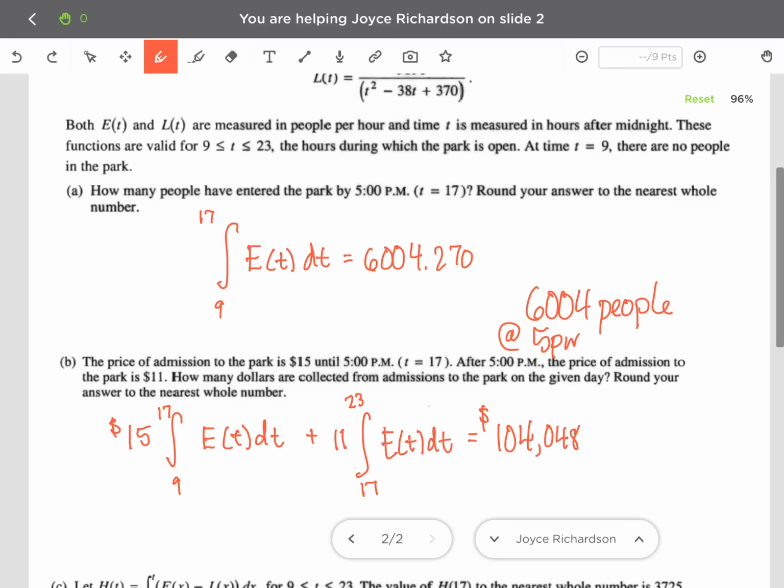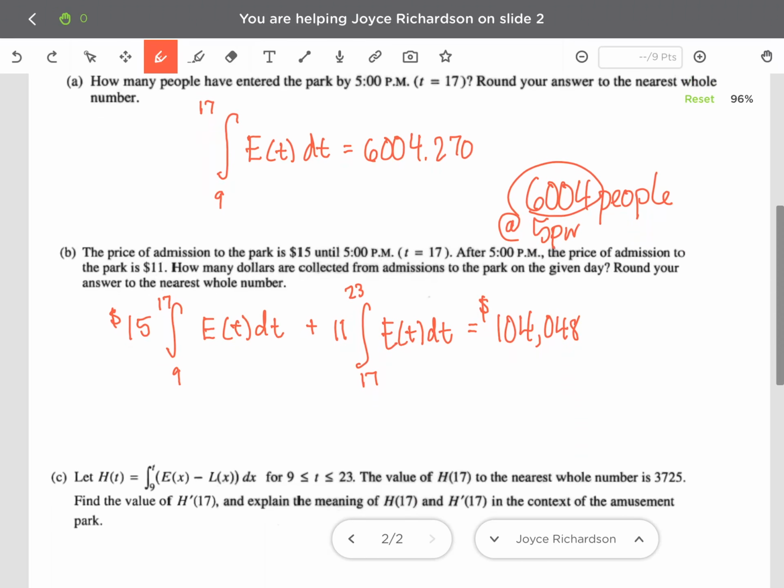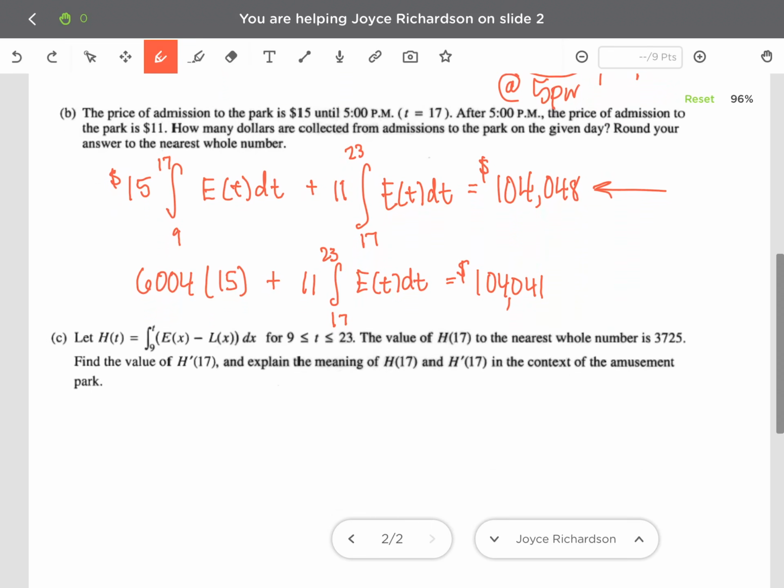Now the other way that you could have done that: I know that some people took the 6,004 people and multiplied that, the 6,004 people, times your $15 plus your 11 times the number of people from 17 to 23 of E of t, and rounded the number of people there, and it would have been 104,041. So either way, they accepted. I didn't even take that into consideration, I just went straight for what they gave me.